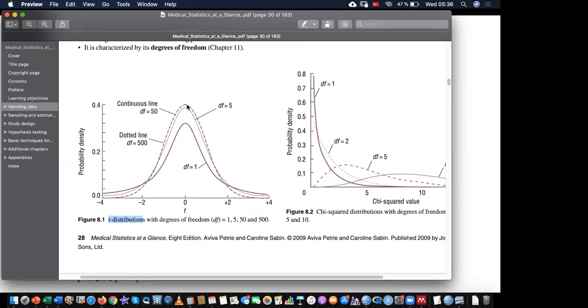After 30 or 50, you will have almost normal distribution, almost the same probabilities, same values as in the normal distribution. This you should keep in your mind. A t-distribution is very close to the normal distribution if you have a high number of participants.